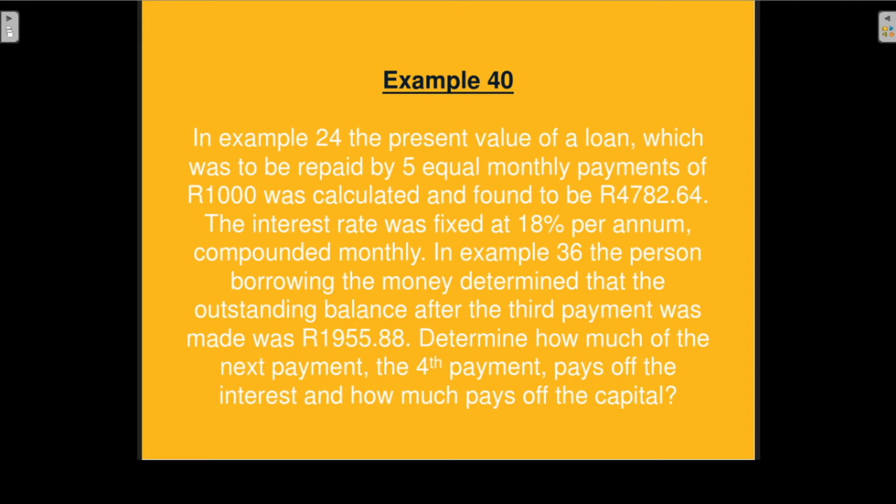Okay, so to get back to our question, we know that the outstanding balance at the third month is equal to 1,955, and we would like to know what part of the fourth payment is interest and how much pays off the capital.